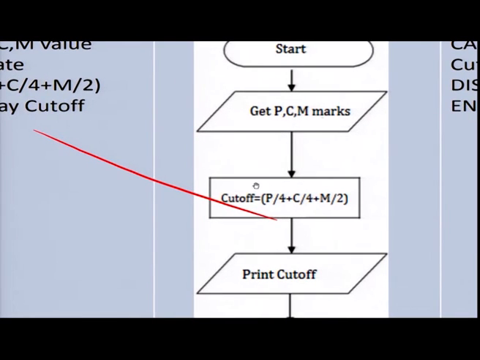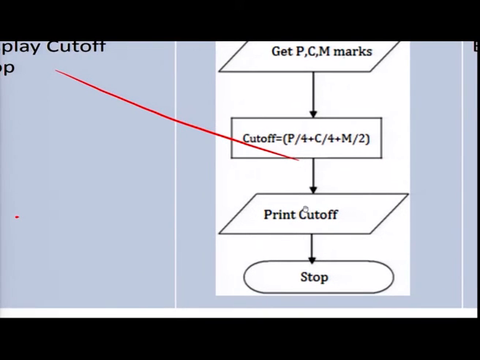The cutoff formula is determined with a rectangular symbol. So the cutoff equal to P by 4 plus C by 4 plus M by 2. Now you are printing the cutoff, which is determined with a parallelogram symbol.